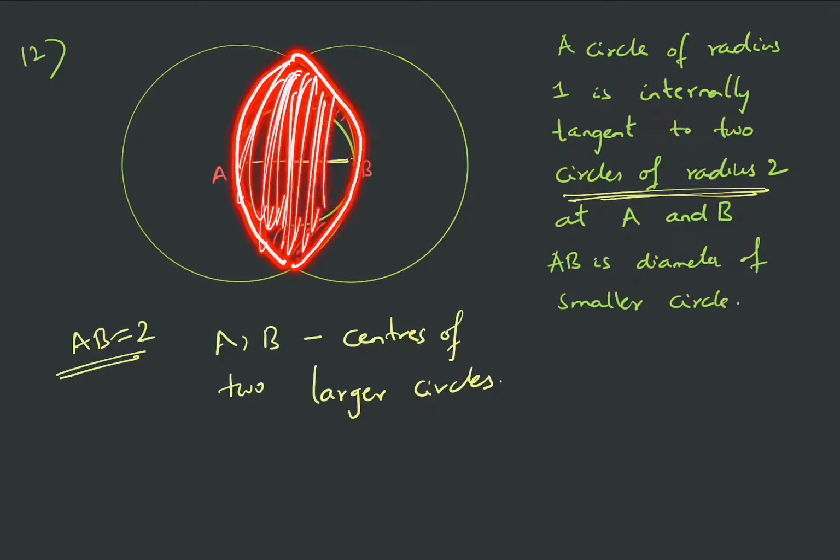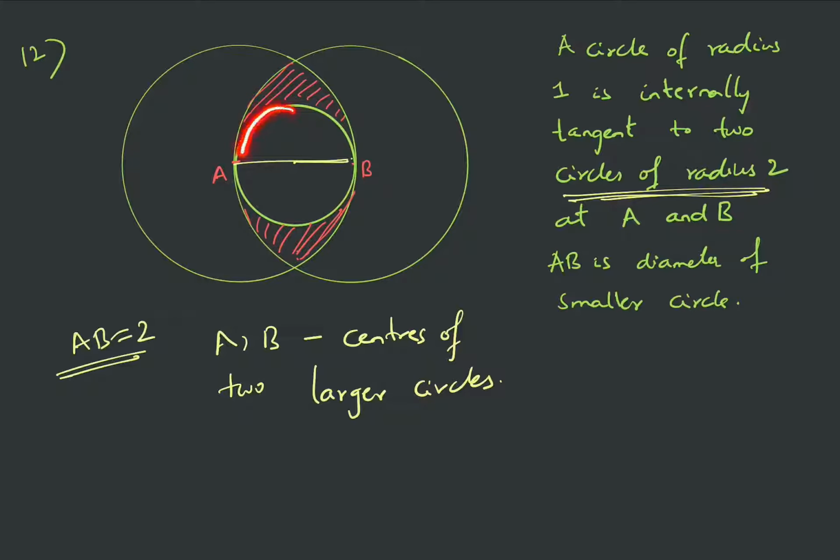Okay, we have done a problem where we have found out this entire shaded area. So you can refer to that problem or that session. Now if you just subtract the area of this circle from the entire shaded area, you will get the required shaded area.